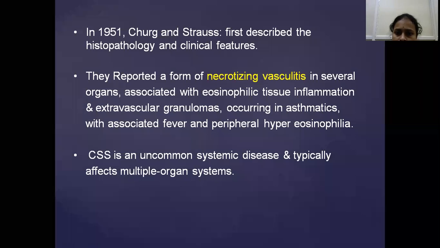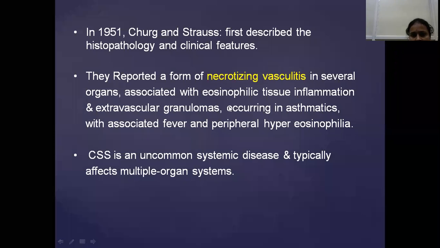In this also we observe eosinophilia. It accounts for 10% of all vasculitis. It is a reported form of necrotizing vasculitis in several organs associated with eosinophilic tissue inflammation and extravascular granulomas occurring in asthmatics, commonly observed in asthmatics with associated fever and peripheral hypereosinophilia.